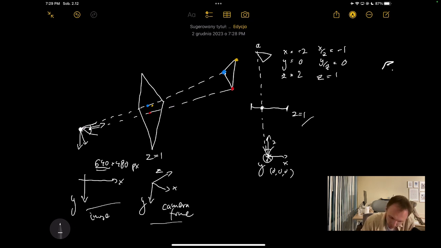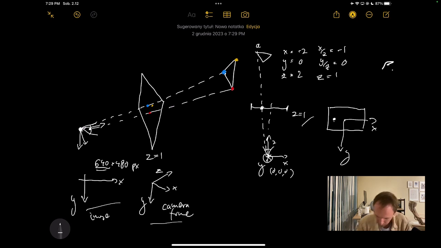And then I could draw this, so if I have my picture image again, and here's my x and y, then here's maybe -1, right? And y is 0, so it's somewhere over here. So it kind of makes sense, right?